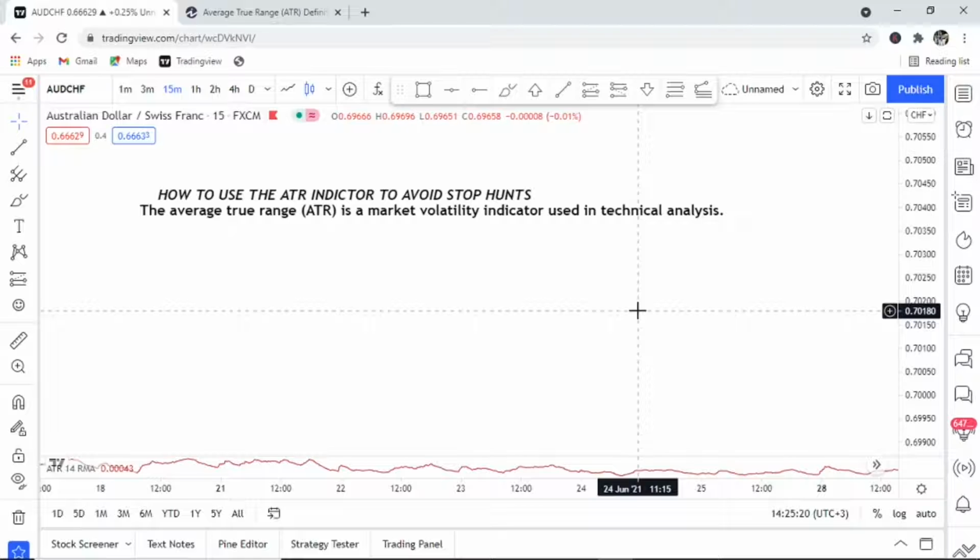So it basically just shows you when there is high or low volatility.